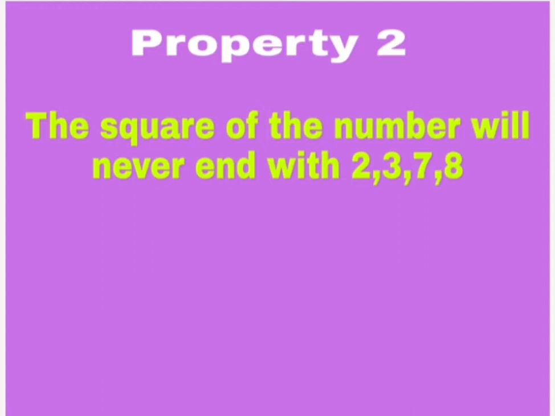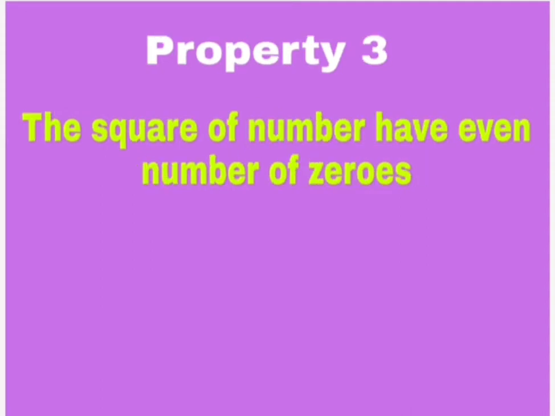Property 3 is that the square of a number has an even number of zeros. Whatever may be the number of zeros in your square number, that should be even. Either you should have 2 zeros, or 4 zeros, or 6 zeros.